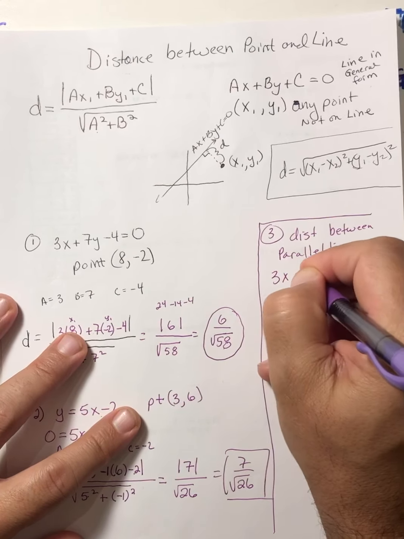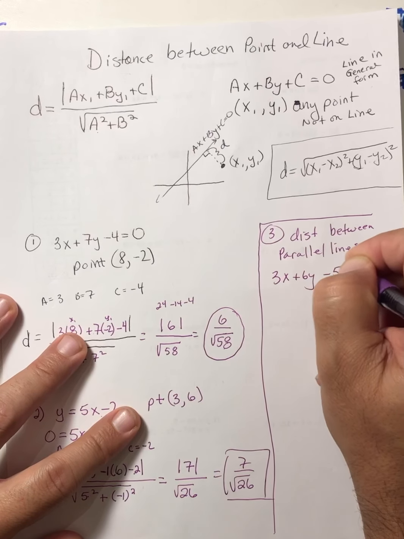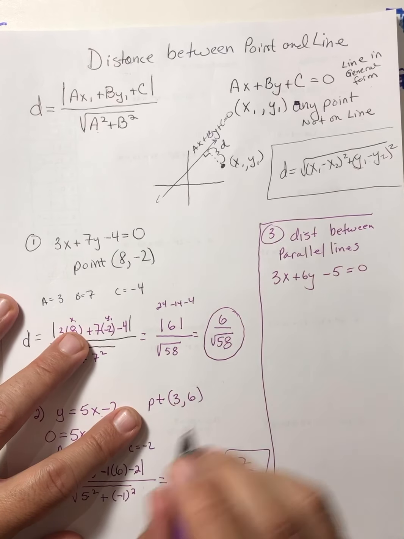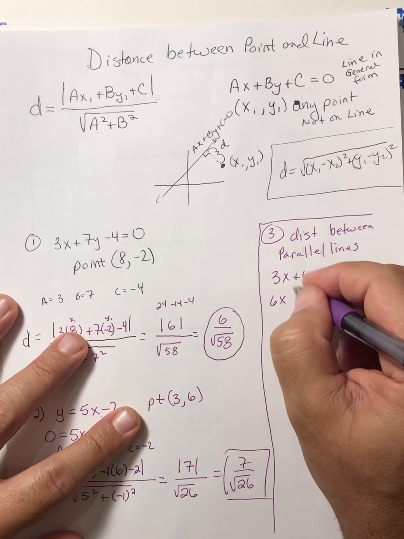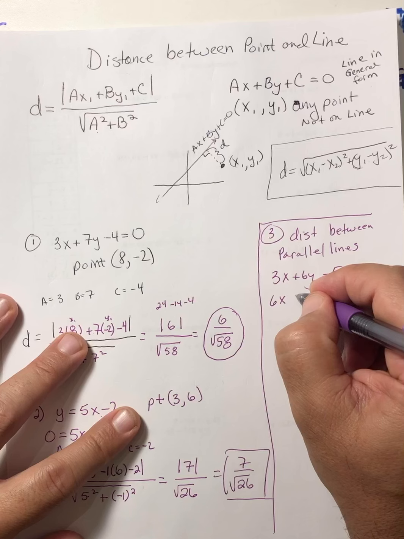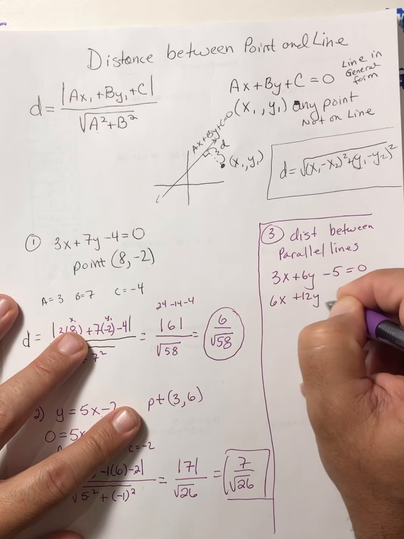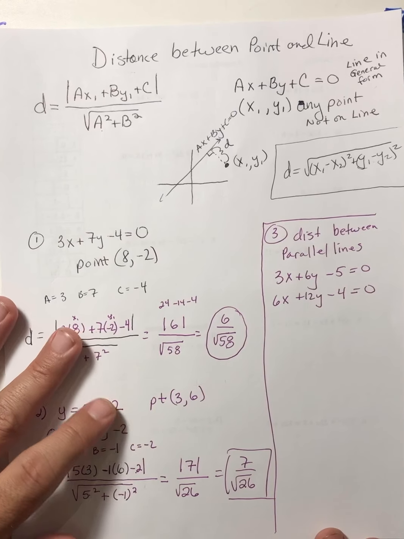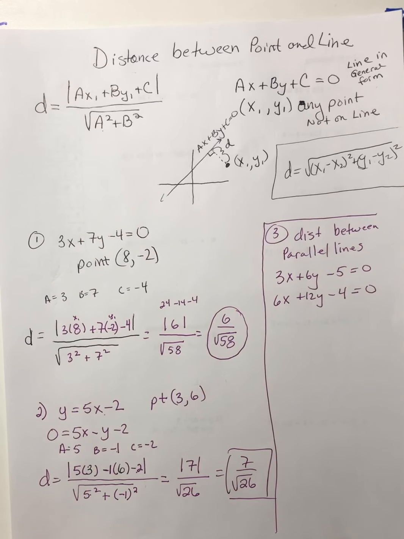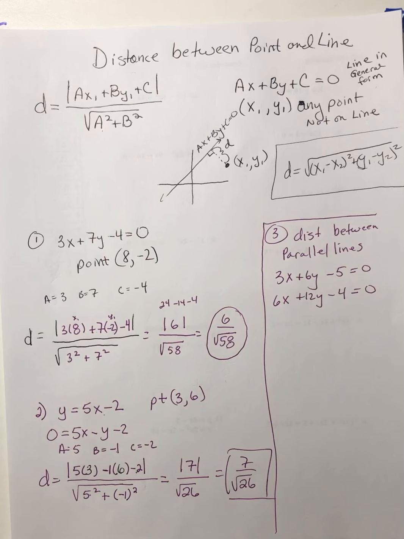So 3x plus 6y minus 5 equals 0, and 6x plus 12y minus 4 equals 0. Well, how the heck do you think we're going to be able to use this formula? By trying to find the distance between parallel lines.